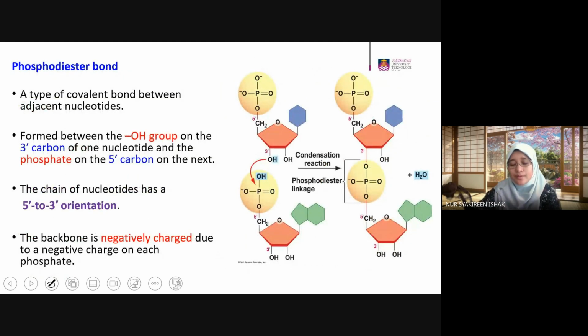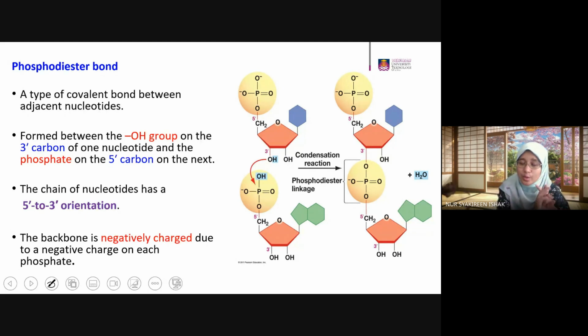Right. Okay, so now we are going to look at how one nucleotide is attached to another nucleotide, and what is the name of the bond involved in attaching the two monomers together. Before, we looked at how to join one glucose to another glucose to form maltose, for example.